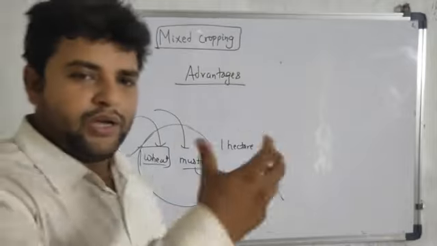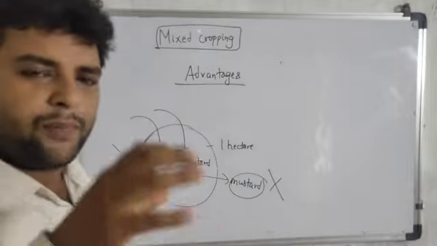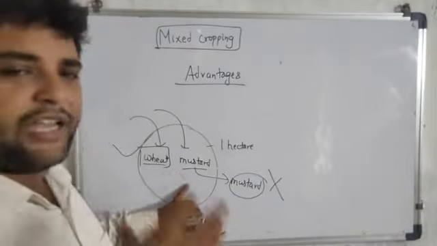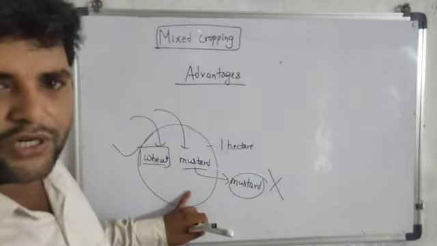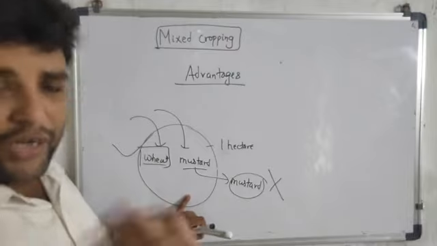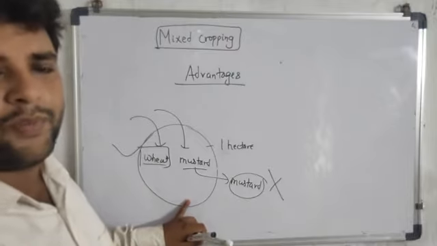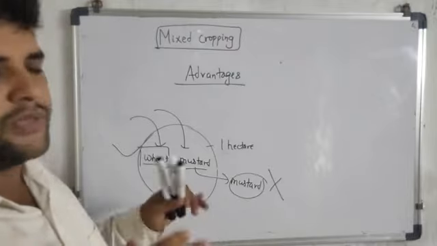So whenever the pest arrives in your land and destroys the mustard, you have the other crop, that is the wheat crop, so that the productivity can be somehow maintained.